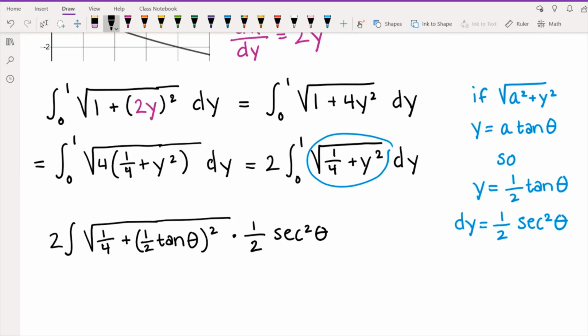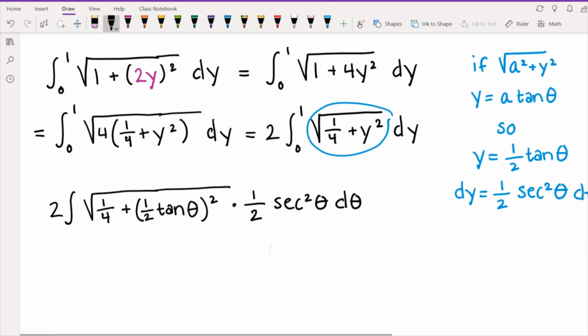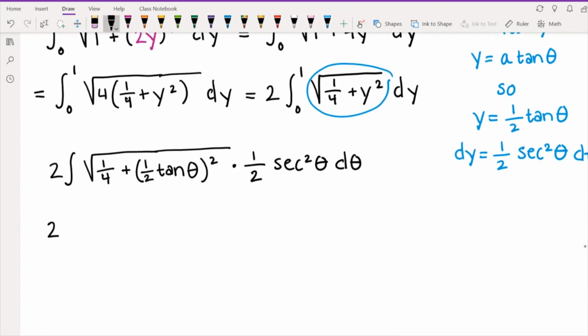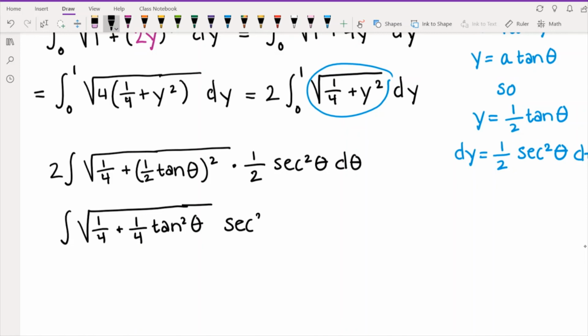And I left off, I always do this, I forgot the d theta. Okay, so this is going to be 2 times the integral of the square root of 1/4 plus 1/4 tangent squared of theta, times 1/2. Maybe let's bring that 1/2 outside, and that will give us a coefficient of 1, so we can just get rid of it. And then we have secant squared of theta d theta.